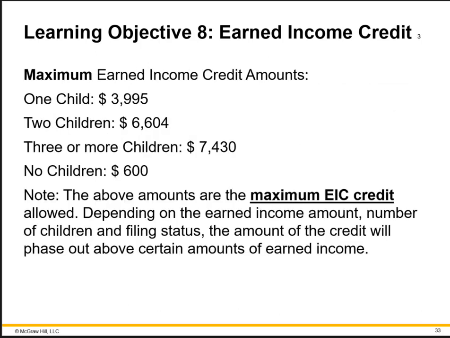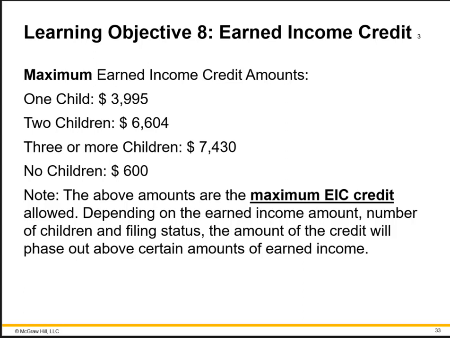So these are the maximum amounts. Okay. No matter what your filing status, if you have one child, the maximum amount you can receive as an earned income credit is $39.95. Two children, $64.03. Three or more, and 4, 5, 6 doesn't add to it, it's still $74.30. And if you have no children, it's $600.